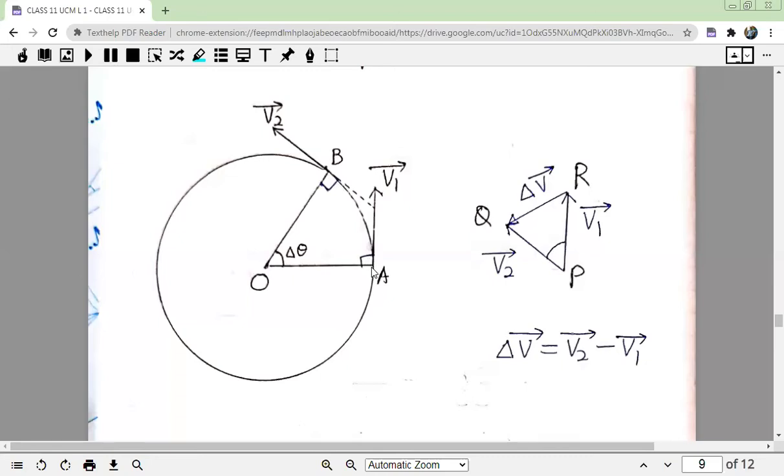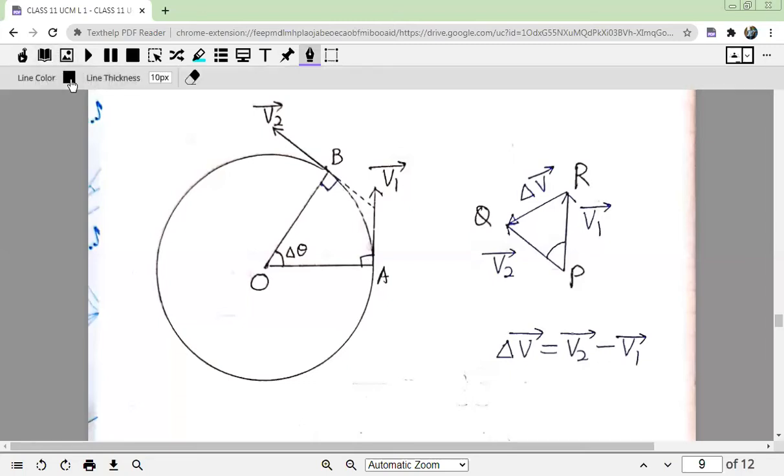Now, what will be the velocity at the point A? Velocity at the point A has been shown by this arrow.